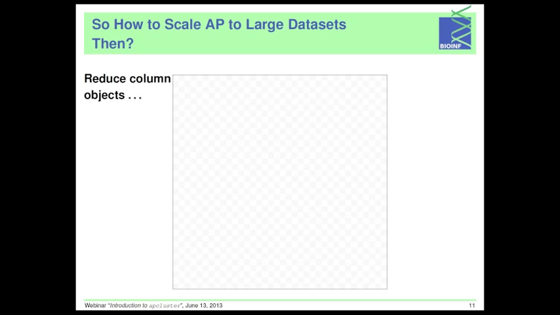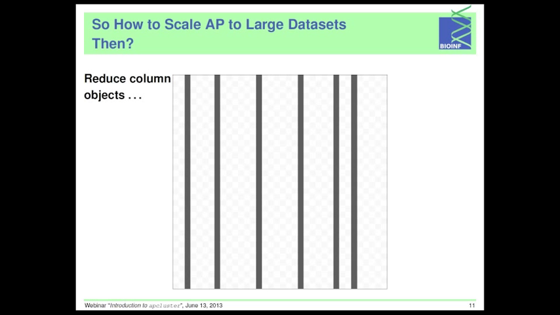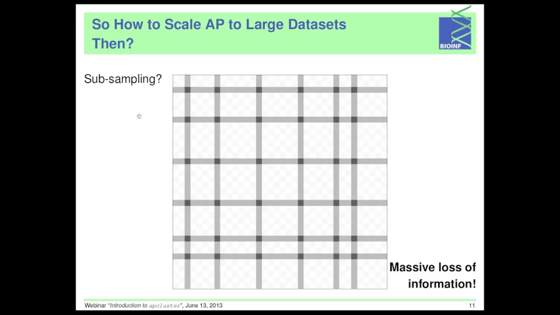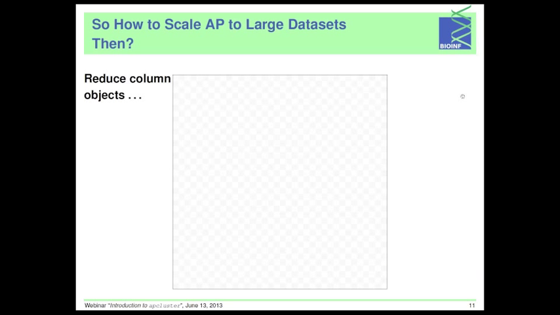The idea of a method that was also developed by Frey and Dueck is to consider all objects for clustering, but just to limit the number of possible exemplars to a subsample. So if we go back here, we don't reduce row and column objects when we do subsampling.